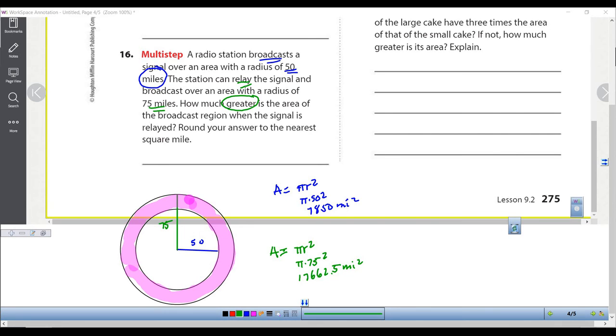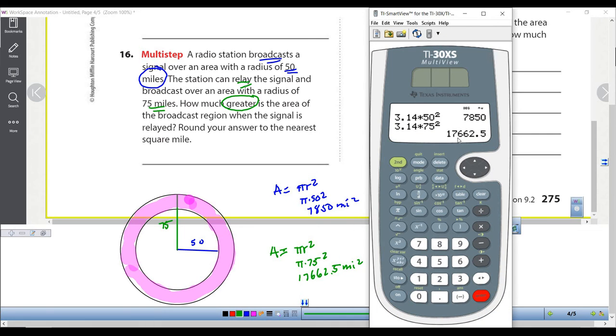So I'm going to go back to my calculator. Now you'll notice this answer is already here, and I've shown you this before. This is how most scientific calculators work. I've got that answer, so if I simply put the subtraction key, it's going to take what I had, put that for the answer, and then I'm going to subtract 7850, which was the original area before they relayed it, right?